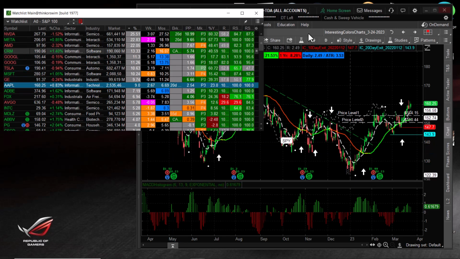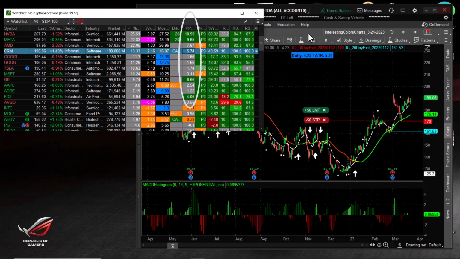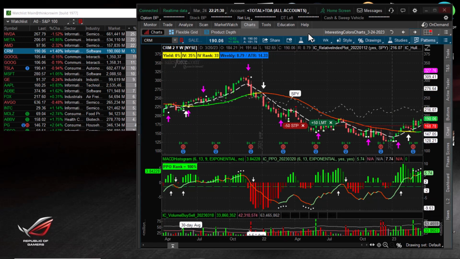And if you look down this line, every place you see a green background and white letters, every time you see a green background, you can tell on the weekly chart that we are sitting at an extremely strongly bullish chart right here. It's a strongly bullish plot. In fact, PPO rank is at 100%.